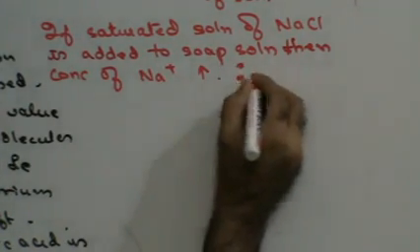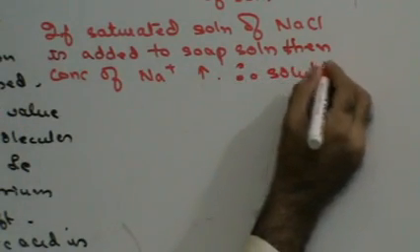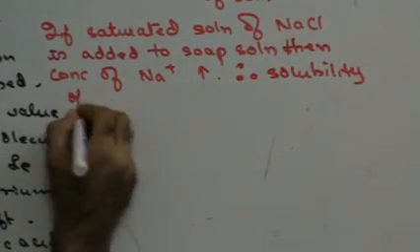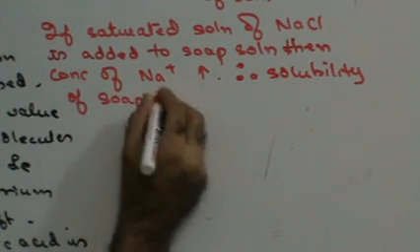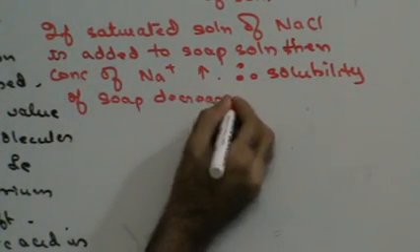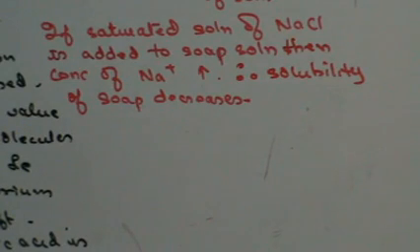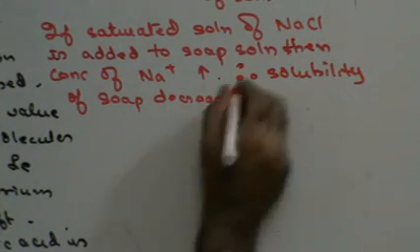So the solubility of soap decreases, and thus NaCl precipitates soap back into solid soap form.